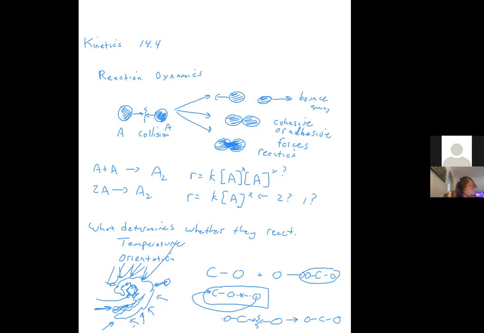Now, what I want to do is focus on temperature, because this section is what I call reaction dynamics, but Alex says it's the temperature that we're concerned with. So let me show you what I want to talk about right here. Imagine that in order for the reaction to occur, I'm going to have two atoms that are bonded together here, and let's say a third atom is going to come in and react by forming a bond here.